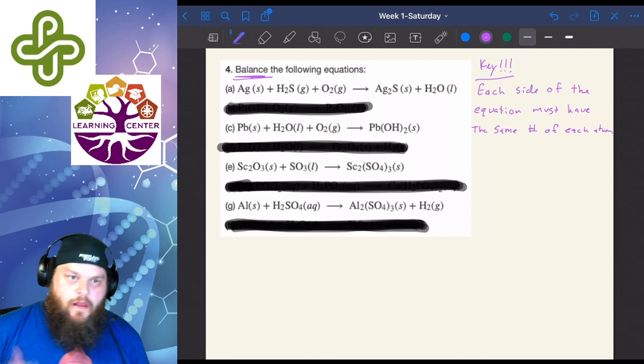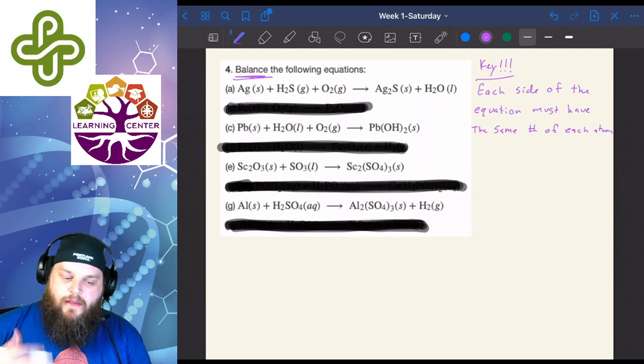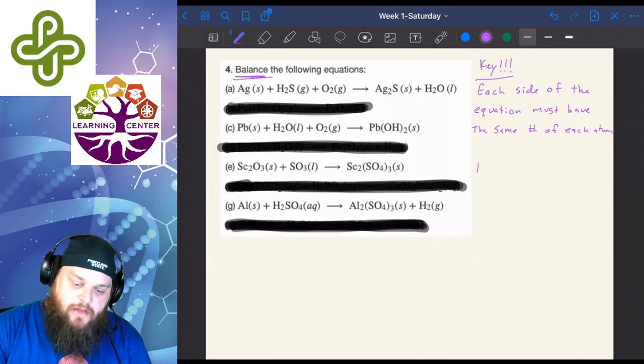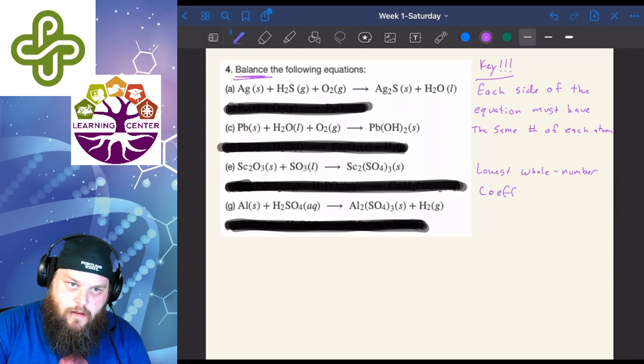The other part, when we're talking about chemical equations, is we usually use the lowest whole number coefficients. I hope I'm spelling this right. I think I am. Okay.